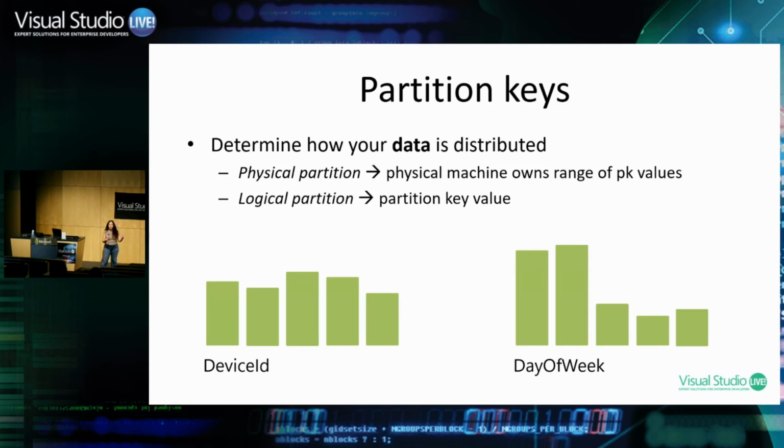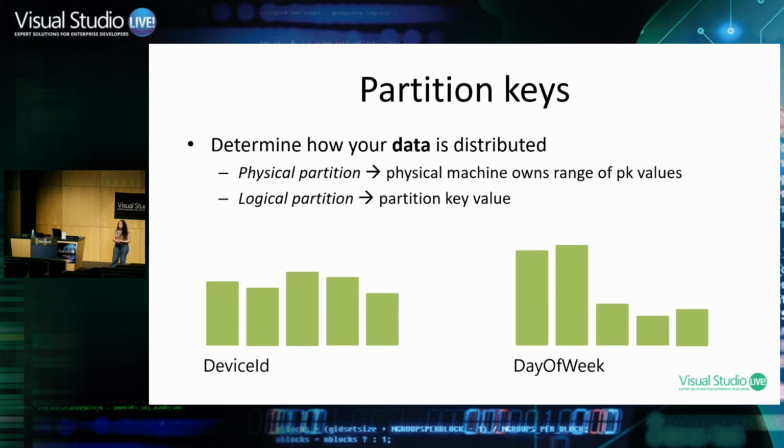But this is the best case, right? So Cosmos DB hashes these values and assigns them into the partition key range. There's nothing that guarantees that all of your days of week will end up magically on their own partition, right? So in a realistic case, when you have a low cardinality, a low number of logical partition keys, the likelihood that they get mapped in a suboptimal way is a lot higher.